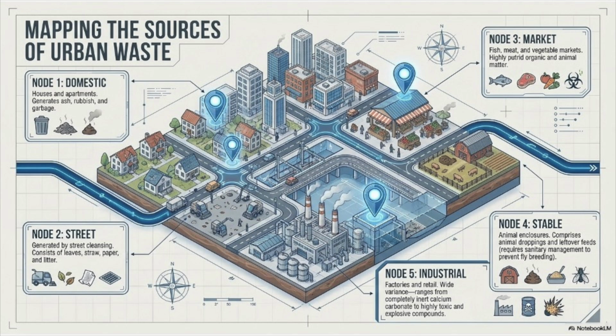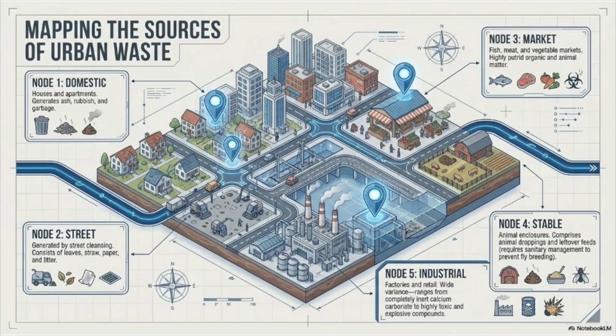Node 1 is domestic, coming from houses and apartments, generating ash, rubbish, and garbage. Node 2 is street, generated by street cleansing, consisting of leaves, straw, paper, and litter. Node 3 is market, coming from fish, meat, and vegetable markets, producing highly putrid organic and animal matter.